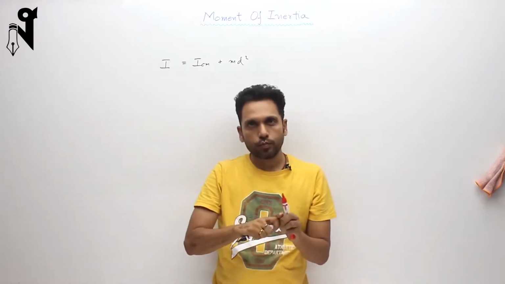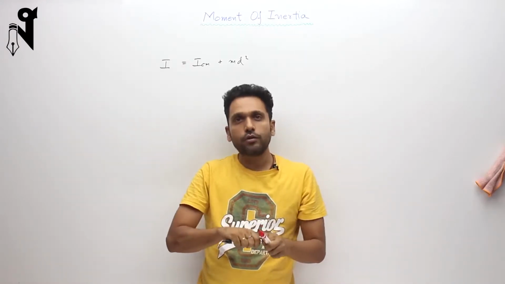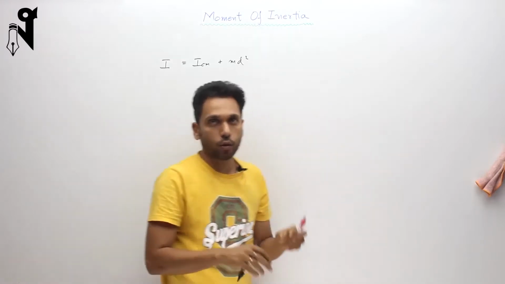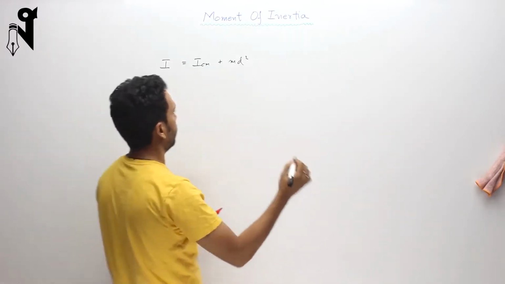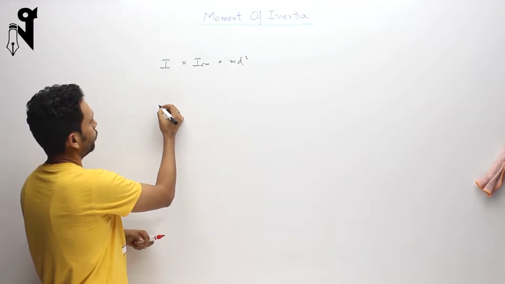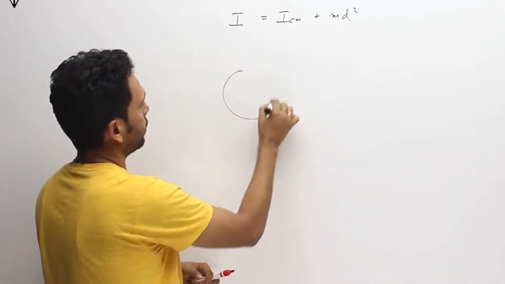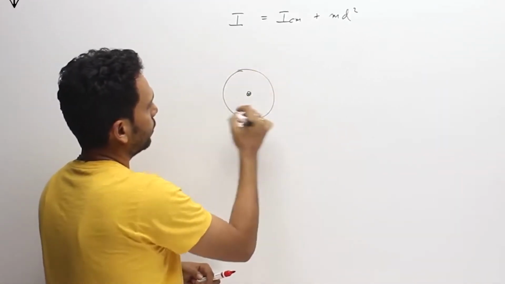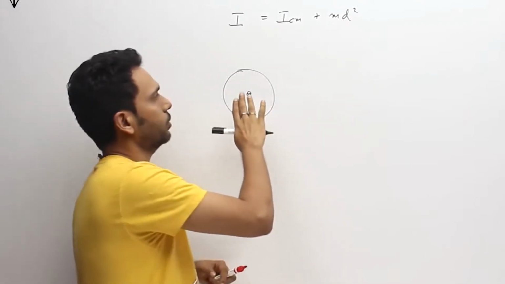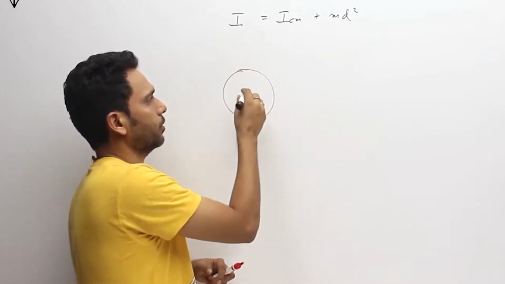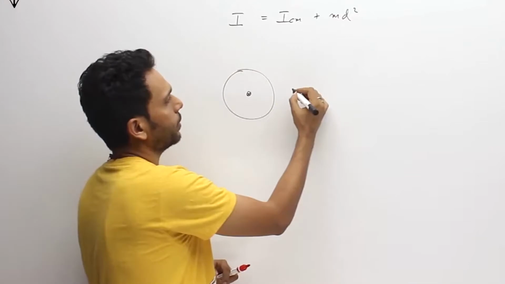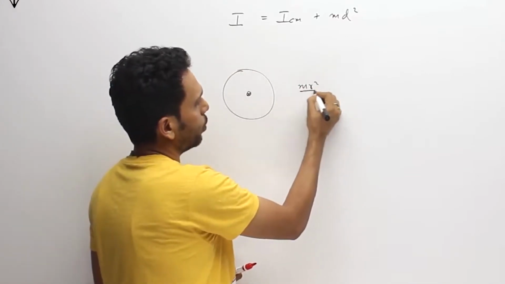So I'll just ask you, what is the ICM in case of a disc when it is rotating in a certain manner. I hope you remember that ICM of a disc, if we take it through the normal of the plane of the disc through the center of mass, is mr square by 2.